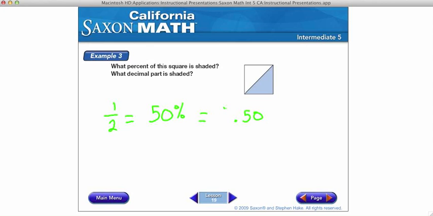Just take away the dollar sign, and now I have the decimal 0.50. So here's my percentage of the square, and here's my decimal of the square. Percentages and decimals are very similar. Percentages have no decimal sign, but they have the percent sign afterwards. Decimals have the decimal point before the number and no percent sign. Very similar. Okay, let's look at example 4.